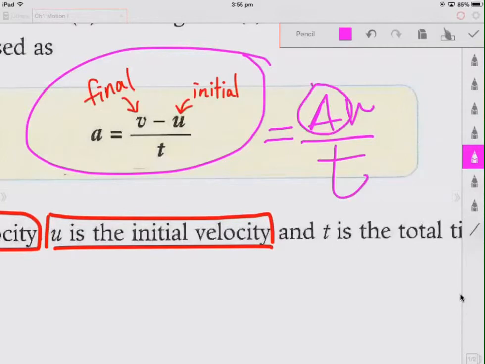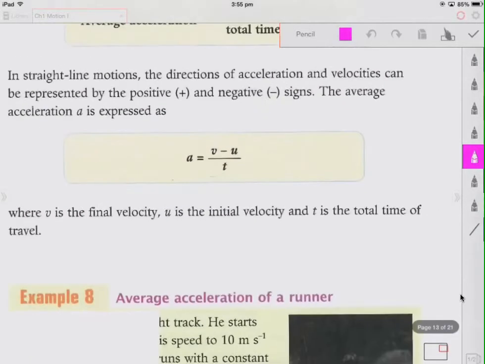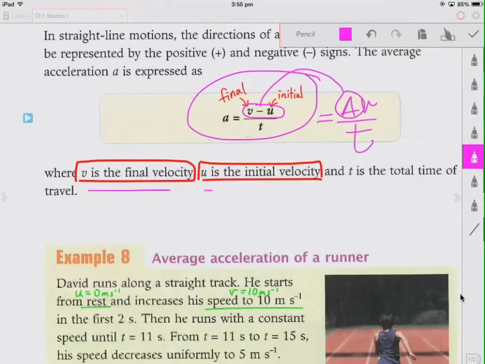Delta is the change of velocity, and here it is v minus u. v is the final velocity and u is the initial velocity. Underline, initial velocity means the velocity at the beginning. Usually from the question you can see it.